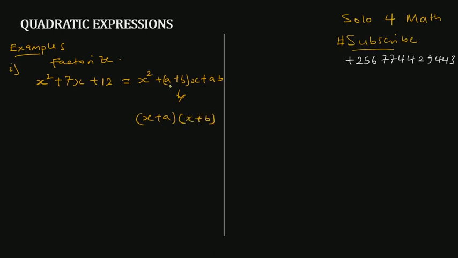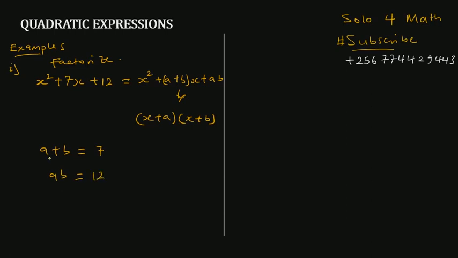So if you have a and b, you can just substitute them here and you have your answer of the factorized statement. So let's find a and b. When we compare this and this, we find a and b so that a plus b is equal to 7, and ab should be equal to 12.